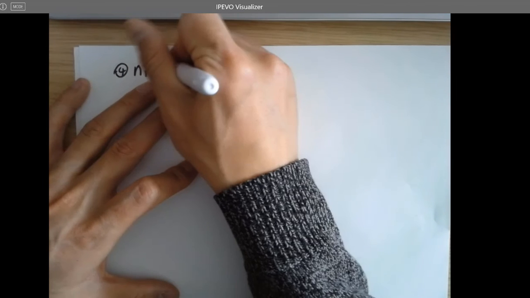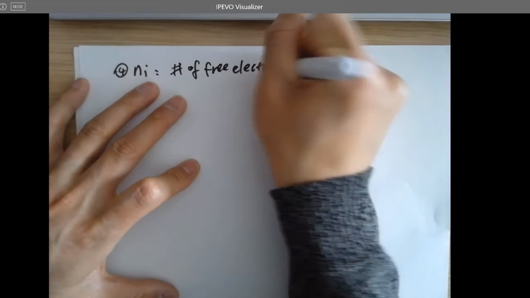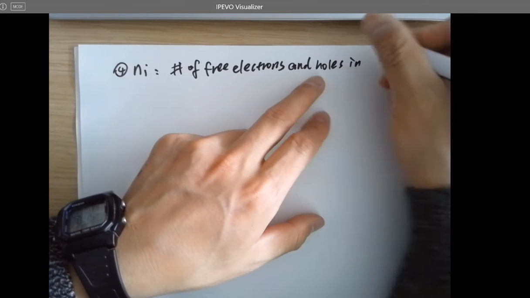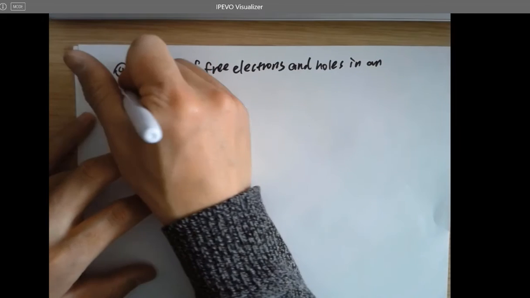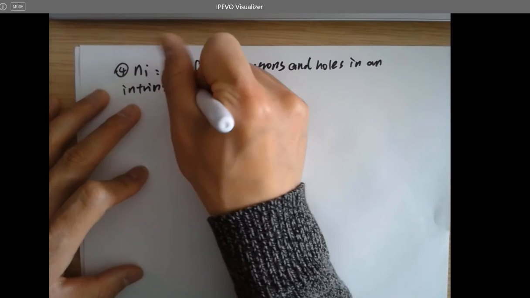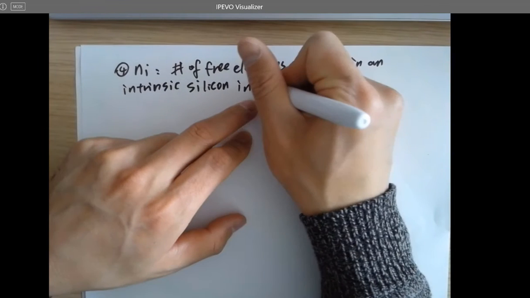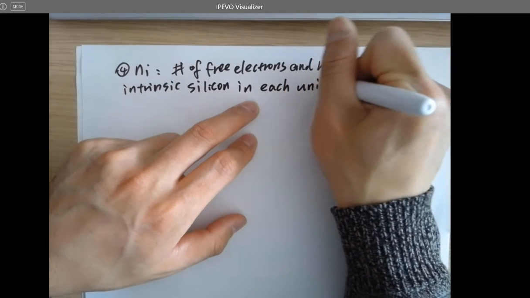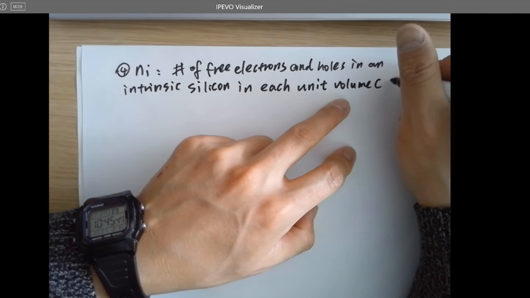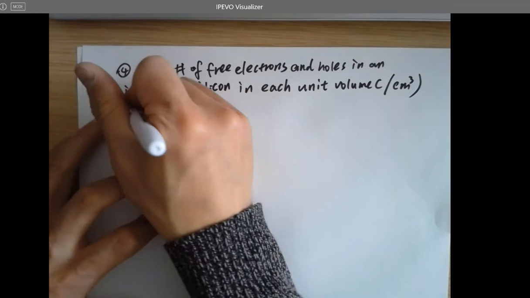So Ni means the number of free electrons and holes in an intrinsic silicon, which means not doped silicon, in each unit volume, which is per cubic centimeter, at room temperature.